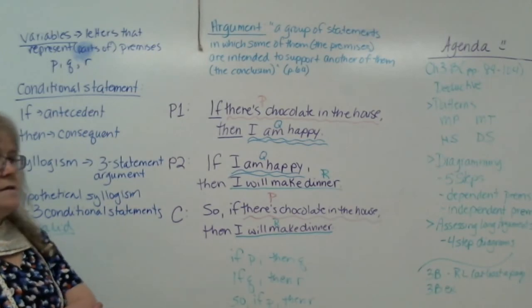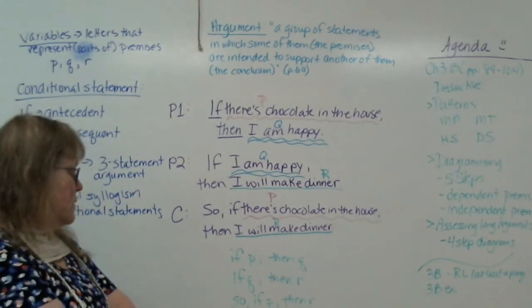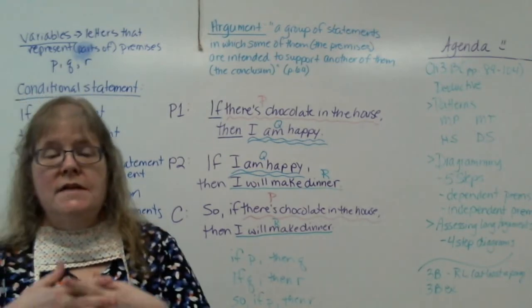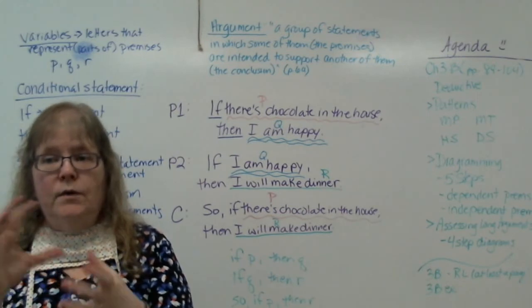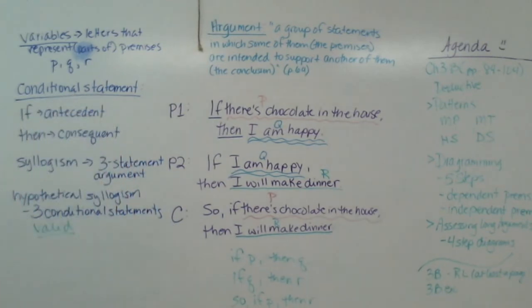If we have penguins, then we have quail. If we have quail, then we have rabbits. So if we have penguins, then we have rabbits. Whatever works to help you streamline and see the relationships here in the structure, that works. Okay, color, letters, nouns, combination of the three, 2 out of 3. Okay, so this is always valid. If P then Q, if Q then R, so if P then R.